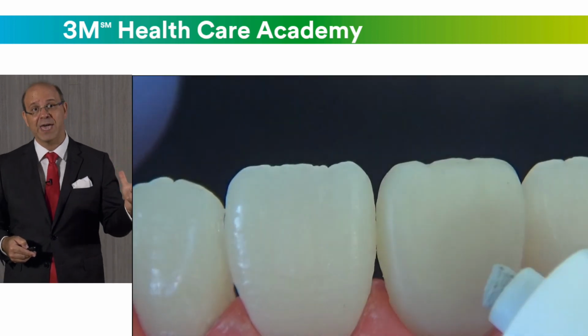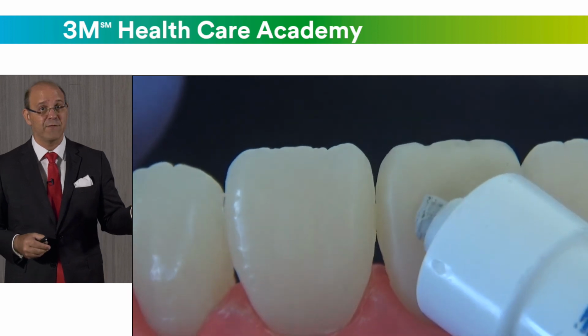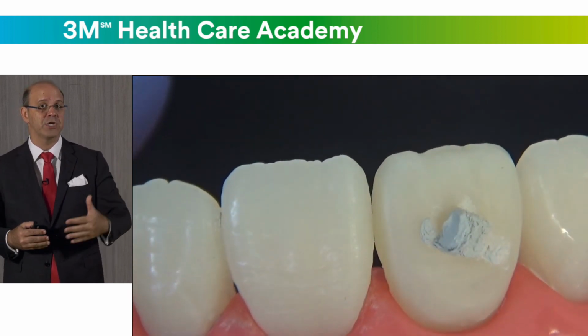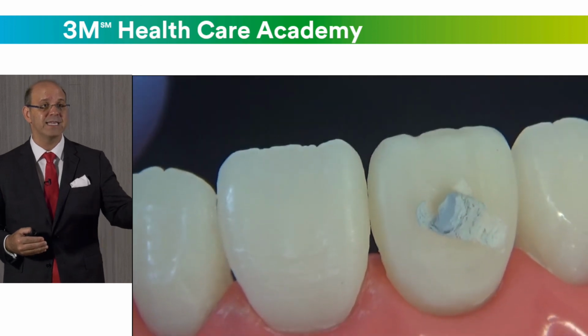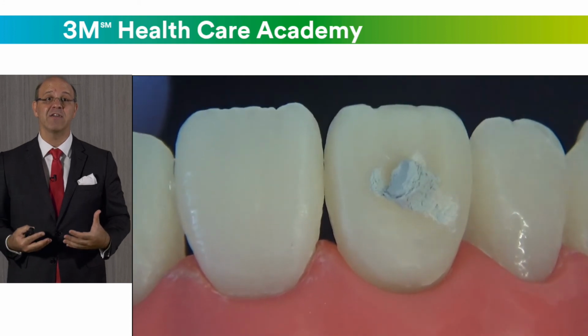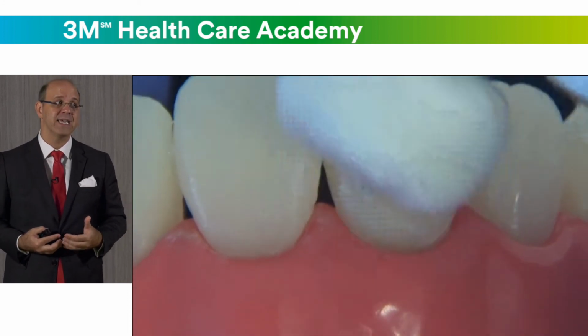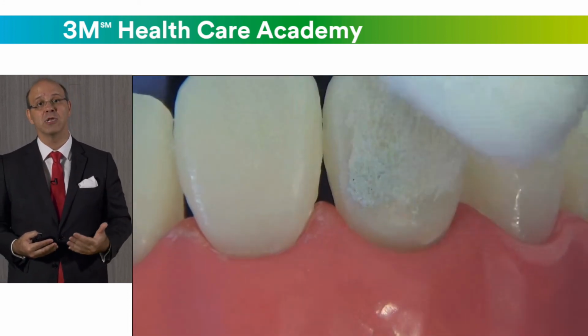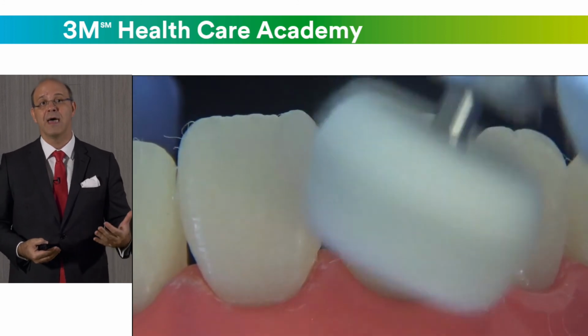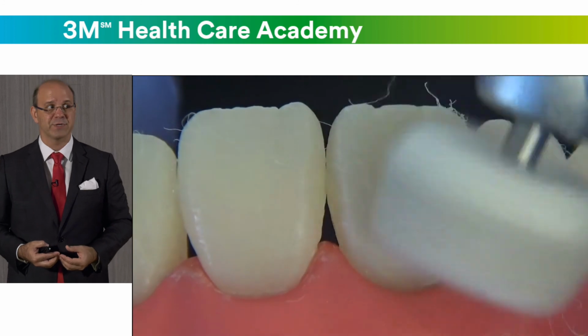The outcome we have is exactly this. If you follow all the steps and just finish with this polishing paste with a felt, this is what we get: a highly shining, highly glossy surface and mechanical polishing retention. This is the important and final goal of our composite resin restoration.